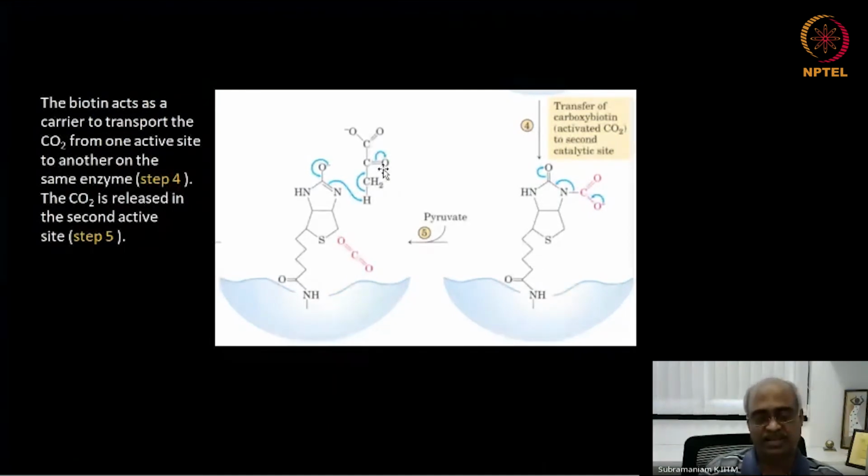Remember, pyruvate can exist in keto-enol tautomerism, and that is why pyruvate is more stable than phosphoenolpyruvate, and that is why PEP to pyruvate proceeds with a large negative delta G. And in that enol form, that carbon interacts with the carbon dioxide.